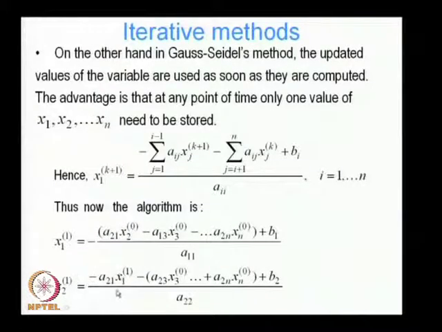For x1 we are using the updated value, but for x3 through xn we are still using the old values.